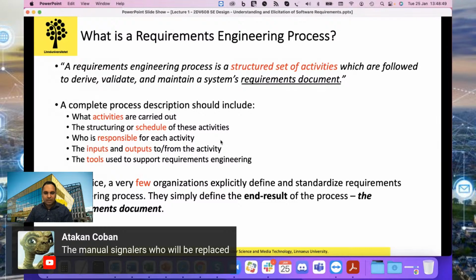But it has many risks on the development itself. So if you have a good requirements engineering process, that will also make sure that we will have a good requirements document, because this requirements document is the ultimate outcome. So if your process is not good enough, your outcome might not be good enough too. So you should be careful.